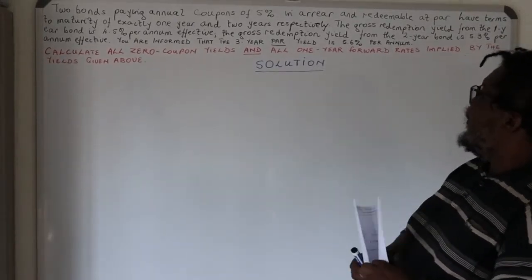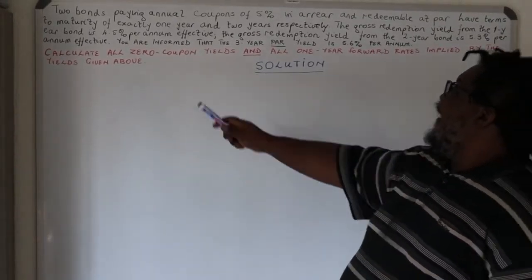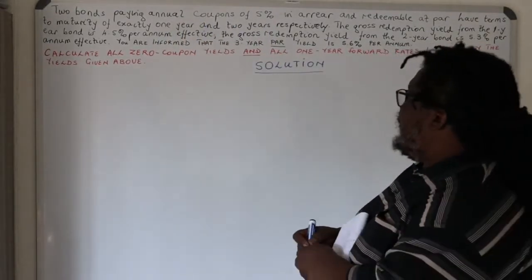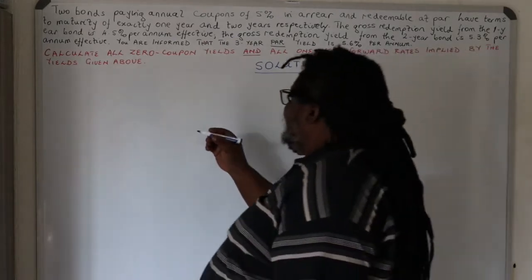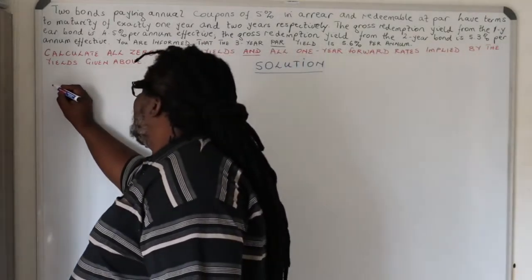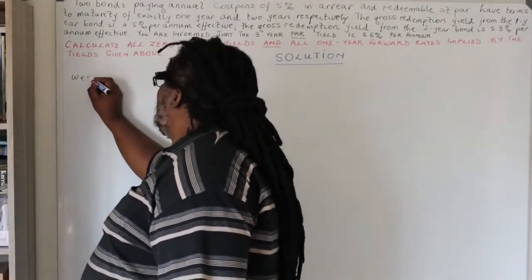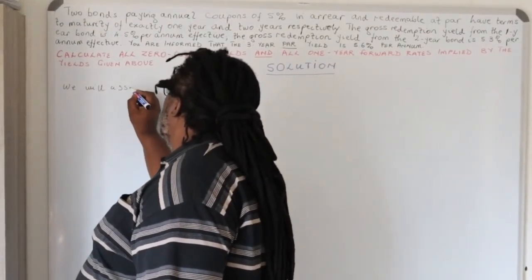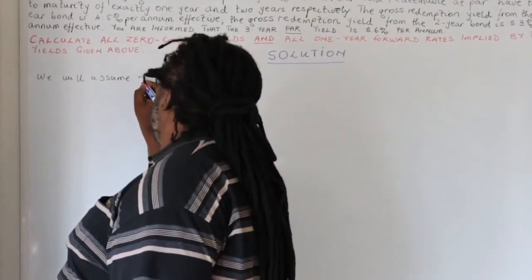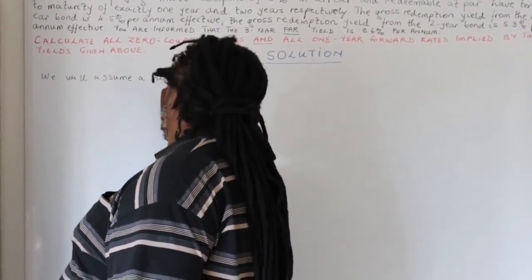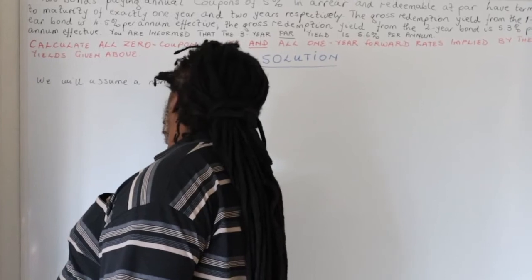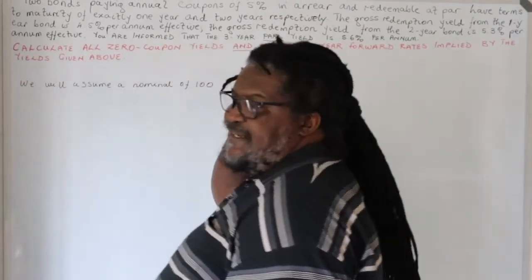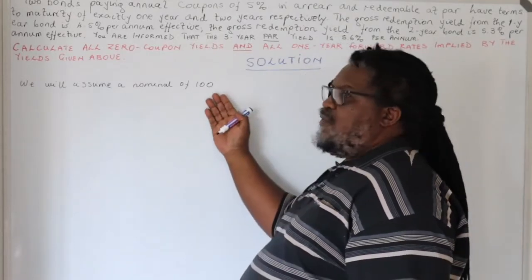So the first thing that we have to realize is there are two bonds paying annual coupons of 5%. So we will assume a nominal of 100. That means our bond's face value is 100.